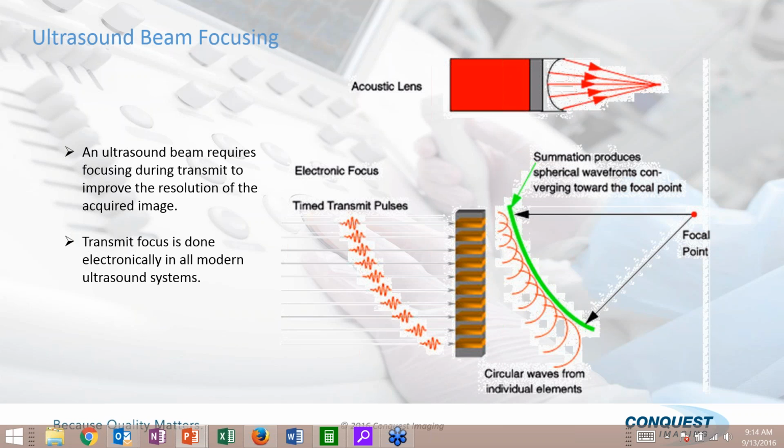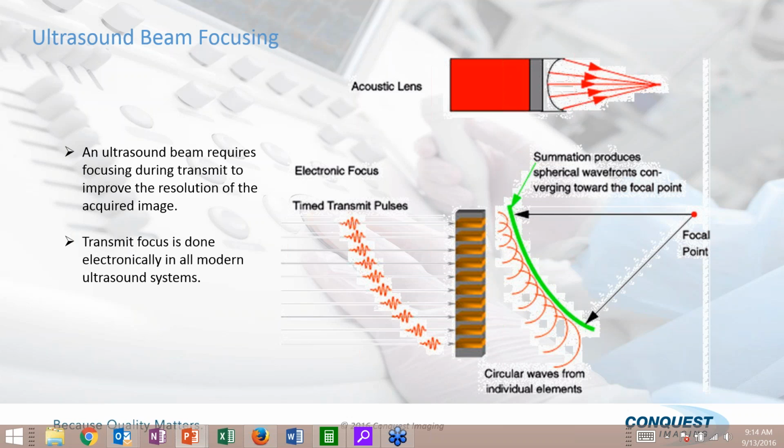We can actually focus the ultrasound beam using what are called delays on either the transmit side or the receive side. On the transmit side, we time when the pulse gets to the ultrasound array in order to create a certain focus. What we create is something like a lens. For those of you on this call that have eyeglasses, we wear glasses to focus light on our eye at a certain point, depending on the deficiencies in the lens of our eye.